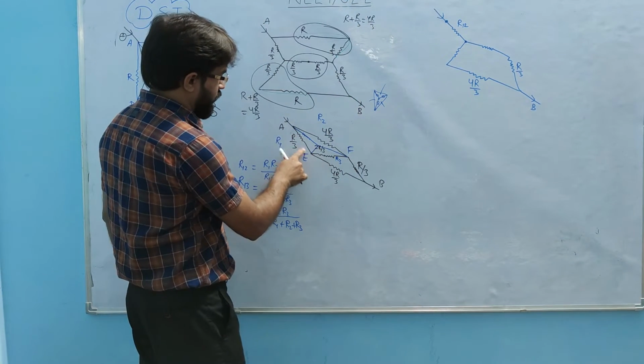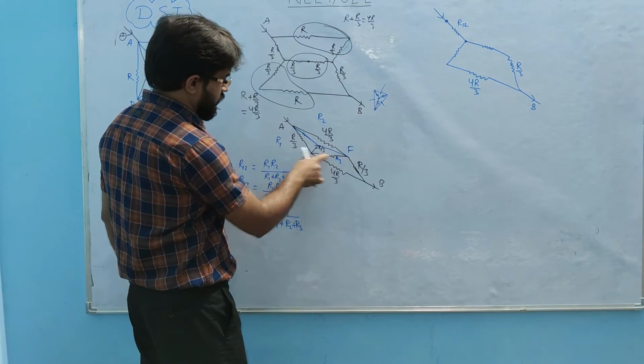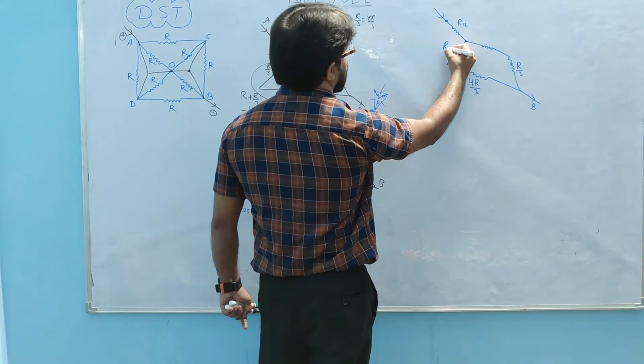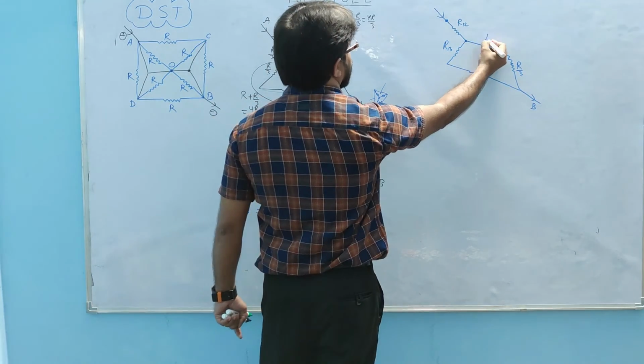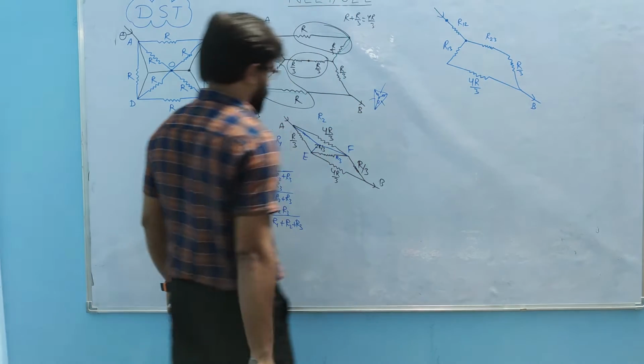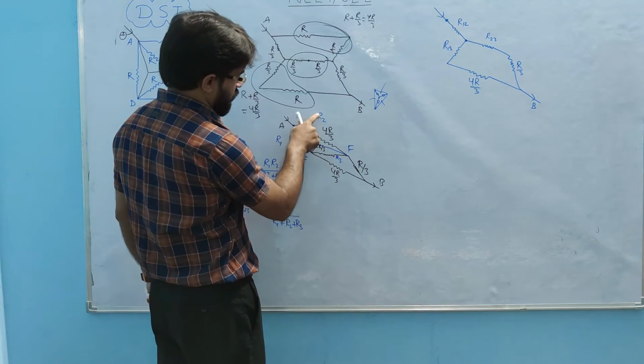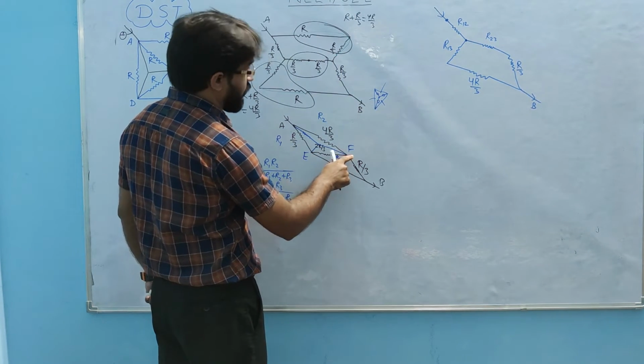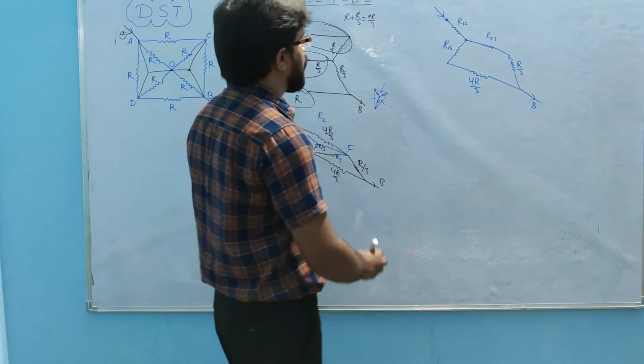In the same way, E point is connected with R1 and R3, this is R13, and this would be R23. F point has R2, R3, R23. Firstly we have to find the value of these.